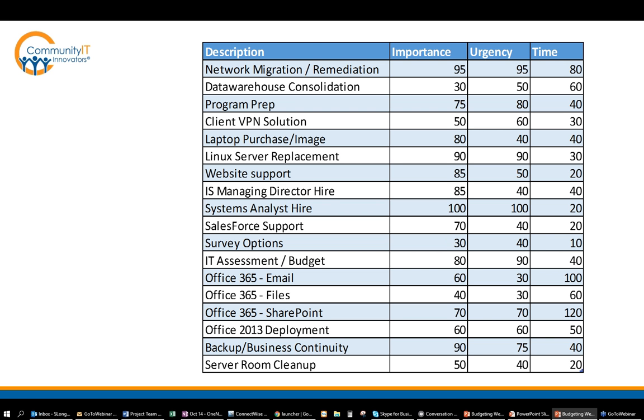Time equals money, so we're talking about a cost there: the size of the circle is the cost. Then he put urgency on one line, up and down, and importance on the horizontal line, and gave each a value from 1 to 100 for how important and how urgent it was.